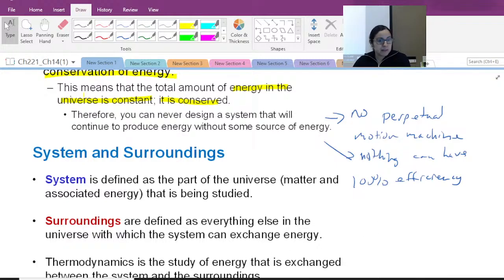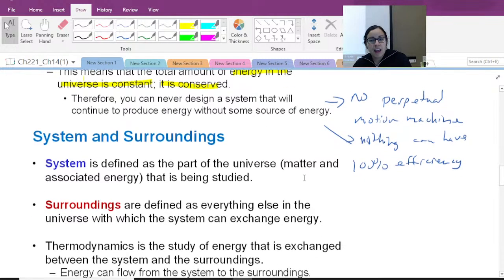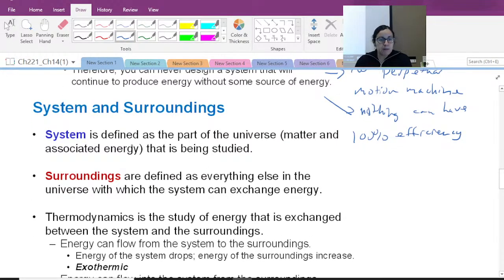All right, so back to the systems and surroundings that we can look at and understand. We can think about our calorimeter experiment. The system is just defined as the part of the universe that is being studied. For our case, that would be our little calorimeter and the reaction that we did, dissolving magnesium or dissolving magnesium oxide.